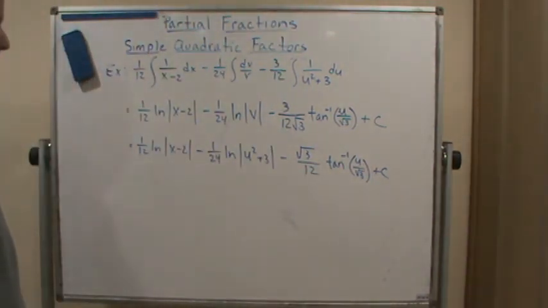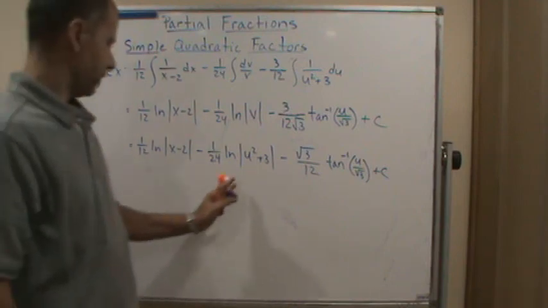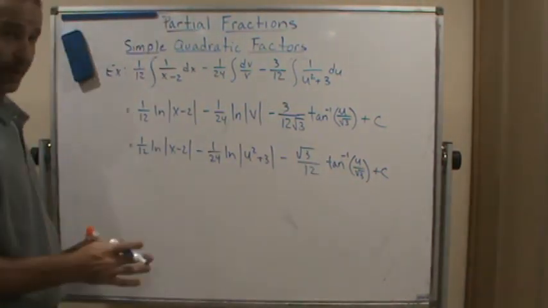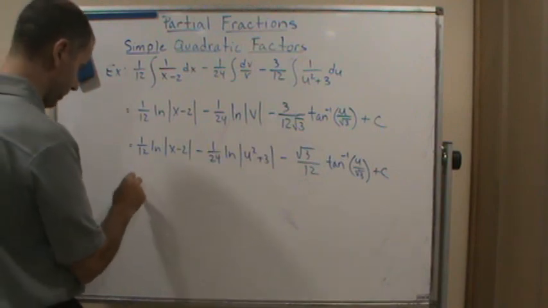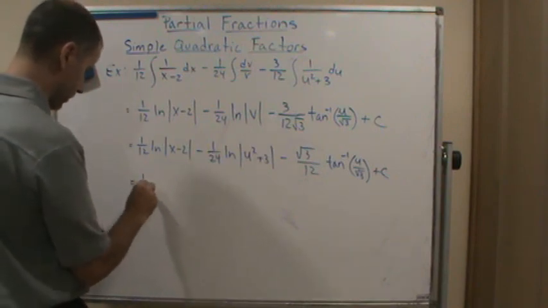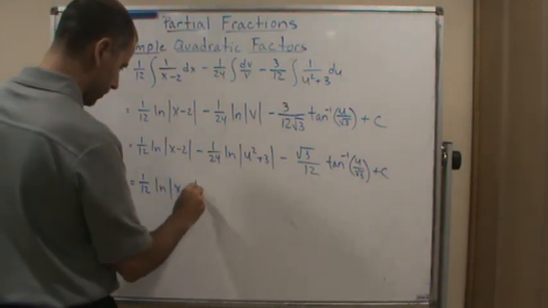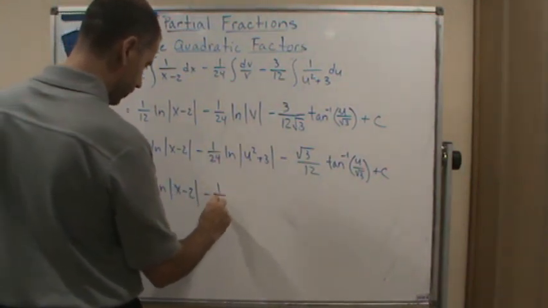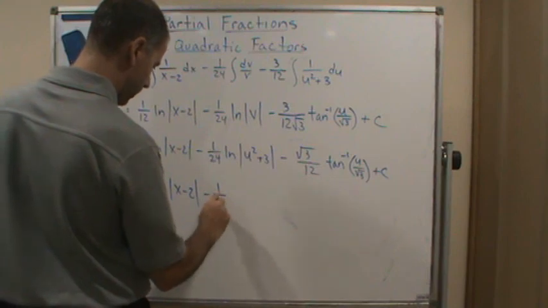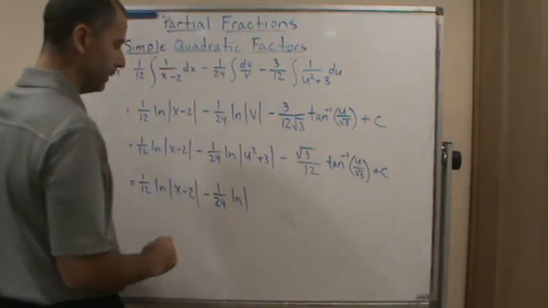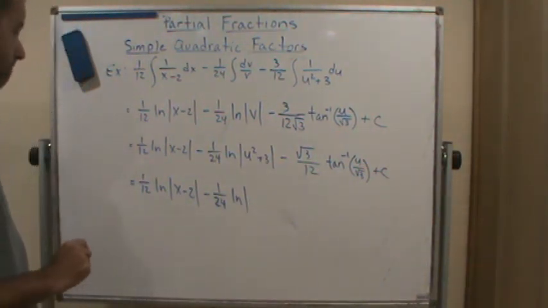Okay. So now I've got things in terms of u. This is fine. So now all I have to do is just put things back in terms of x. So now this is 1/12 natural log of x minus 2 minus 1/24 the natural log. Now u is equal to x plus 1.